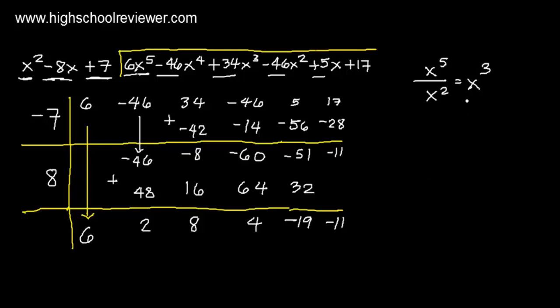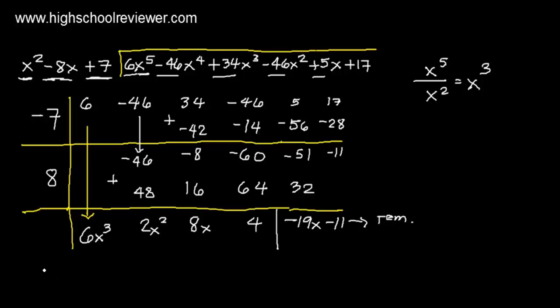So meaning to say, for the quotient here, our first term will be x raised to 3. We will put it here beside 6. We will have here 6x raised to 3. And then this will be followed by x raised to 2, and then x. So 4 here will be the constant already. And then we will separate this one. Negative 19, we will put here x, and negative 11 is the constant. Negative 19x and negative 11, they are now our remainder.